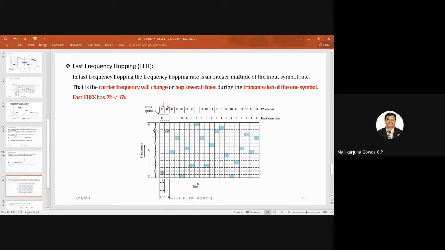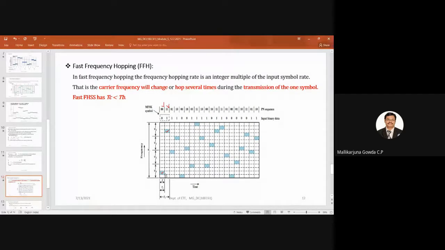And even the same thing can be done with a different hopping sequence. Means if I use 3 bits, then the scenario will be different. If I use a 3-bit PN sequence, then how many PN sequences can I get? 8, no? You have to divide this vertical axis into 8 frequencies, starting from FC0 to FC7. But the symbols will again be 4 only.